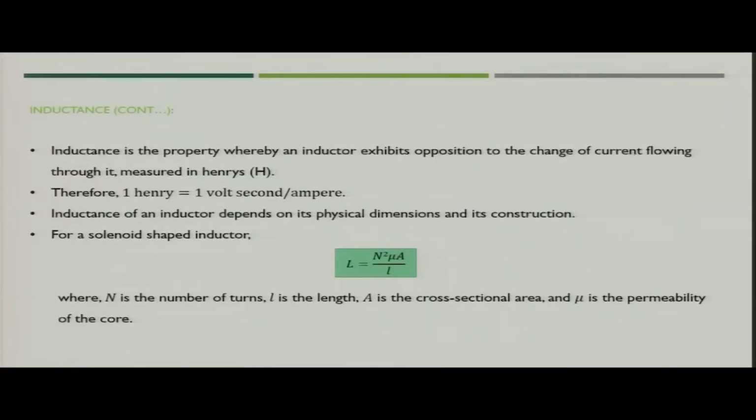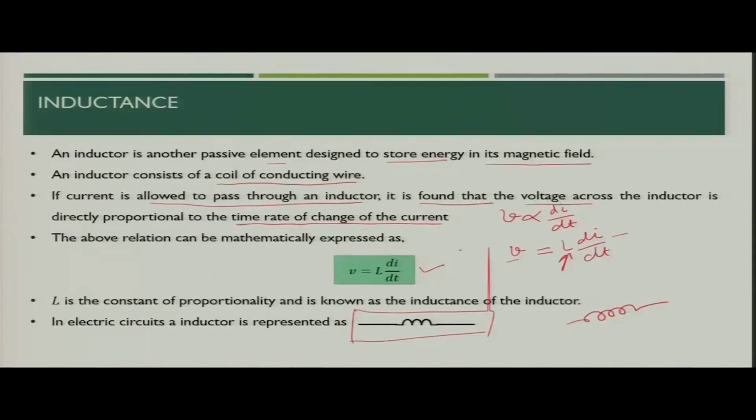Now, what is inductance? Inductance is the property whereby an inductor exhibits opposition to the change of current flowing, and it is measured in henries. So, what is 1 Henry? 1 Henry is nothing but 1 volt second per ampere. This you can easily correlate with L di by dt.